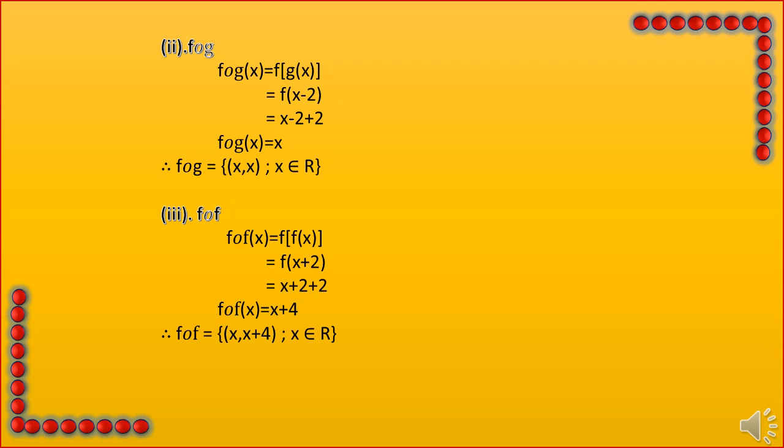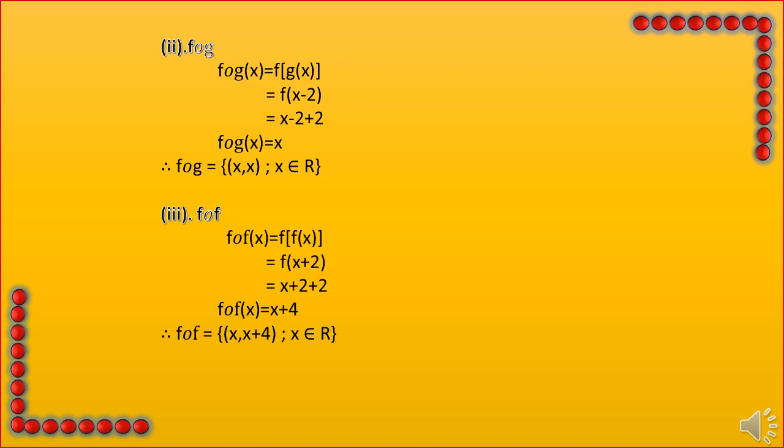Within the bracket of f is x plus 2, we want to add 2. So we have x plus 4. Therefore, f composition f is equal to {(x, x plus 4)} for all x belongs to capital R. Here the first x is in the left side of the equation and the second x plus 4 is in the right side.